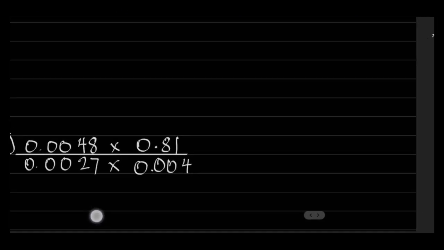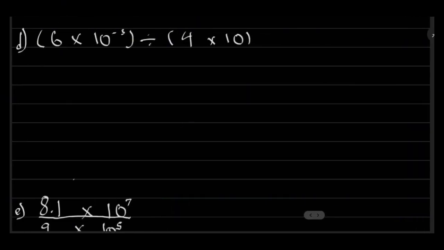Alright. Let's try another one. Another form of division. Okay. So with this we are going to have 6 divided by 4 times 10 raised to the power negative 3 divided by 10 raised to the power 1. Every whole number has a power of 1, so we go by it that way.